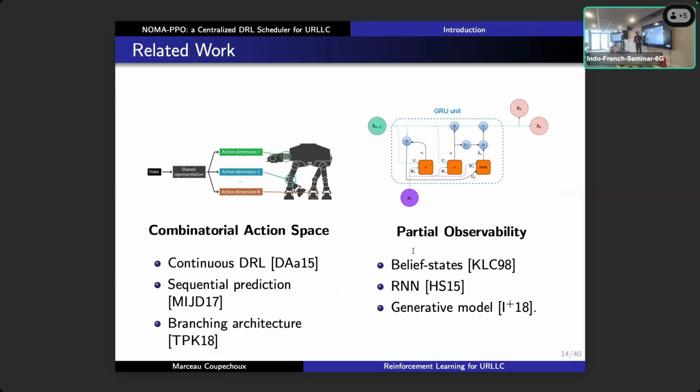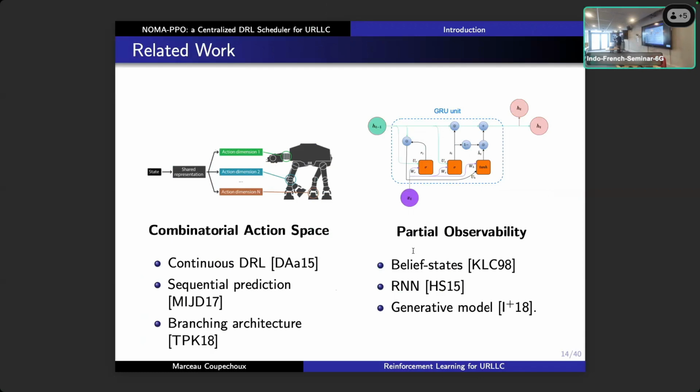In the literature, we have found continuous reinforcement learning, where we project the discrete action space onto a continuous action space, and then treat the action space as continuous. But in our case, it's not obvious in which space we have to project the discrete action space, so we have not investigated this. You have sequential prediction, where you try to learn the first dimension, then the second dimension.